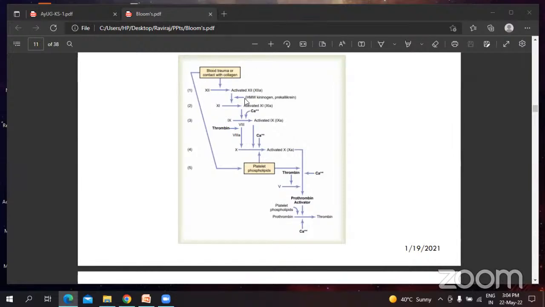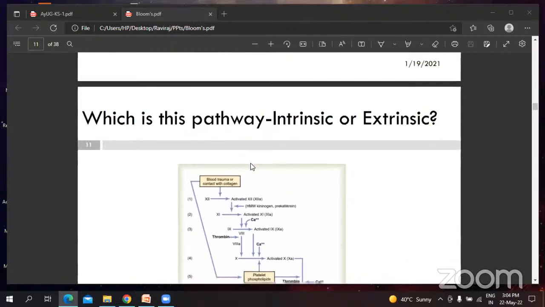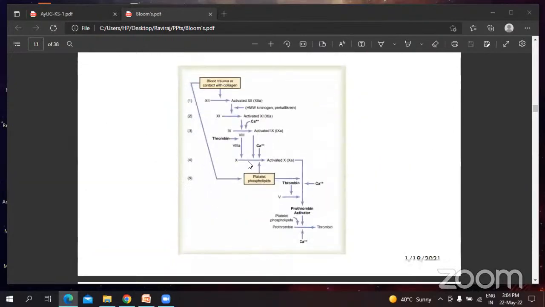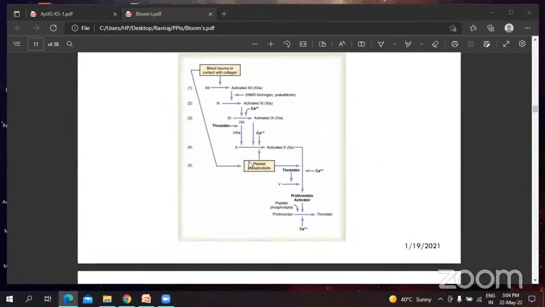The process has begun after the blood is subjected to trauma. Are you getting me? So this is intrinsic process because there is a trauma to blood. So whenever blood suffers some sort of trauma, it will start developing clots in the body. So this is how this level of analysis has to be understood.